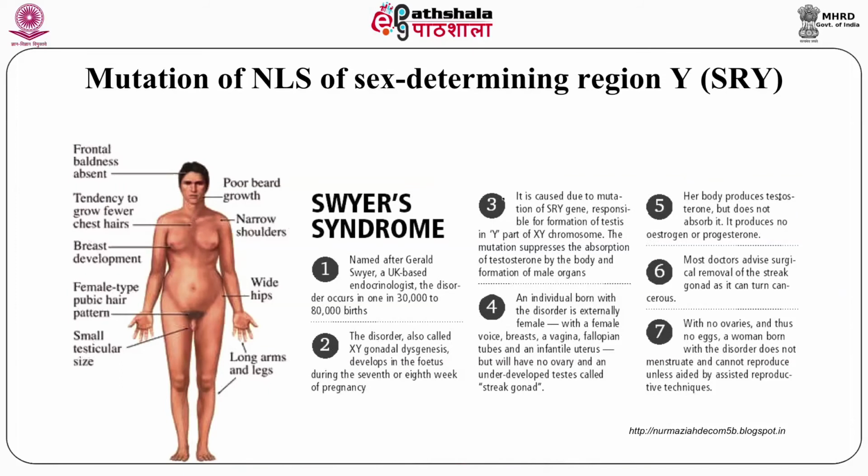The SRY gene is responsible for formation of testis in the Y part of the XY chromosome. The nuclear localization signal mutation of the SRY gene inhibits the absorption of testosterone and male organs fail to develop. The individual is born as a female with female voice, vagina, and fallopian tubes, but rudimentary uterus and no ovaries.